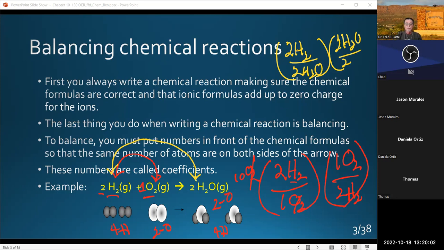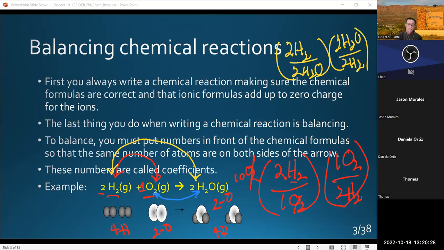My ratio is 2-to-2, 2 hydrogens over 2 waters, or I can write it as 2 waters over 2 hydrogens as that ratio, okay? And the same is true for the relationship between the oxygen and water. It's a 1-to-2 relationship, so we can write the ratio as follows, okay?